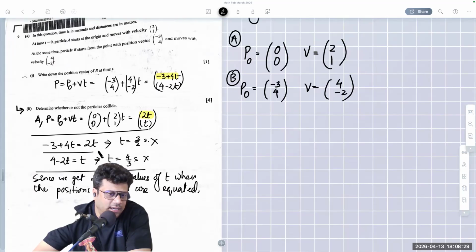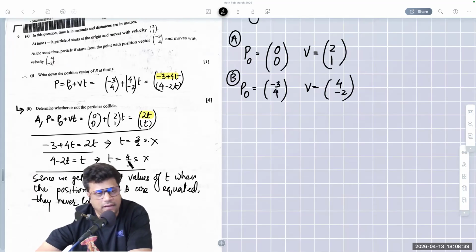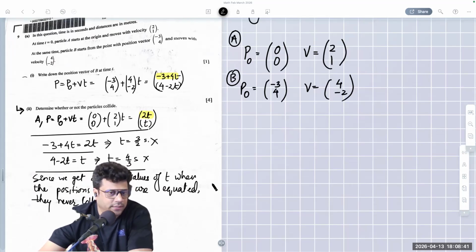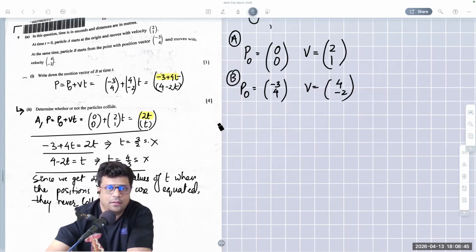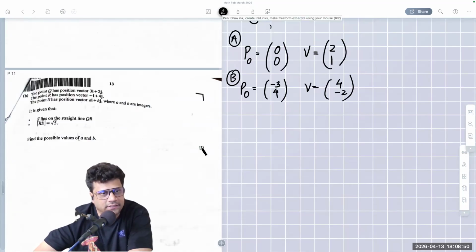It means they never collide. We could have gotten at least one value of time here, but they don't actually match. That is why. Okay, so that was the ninth one.